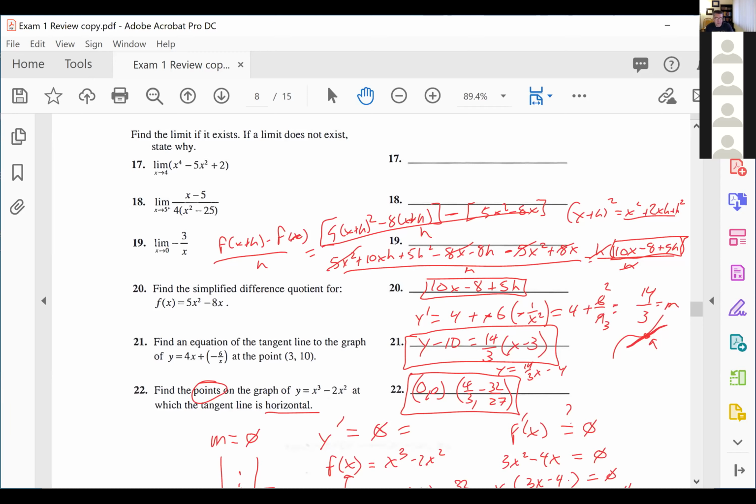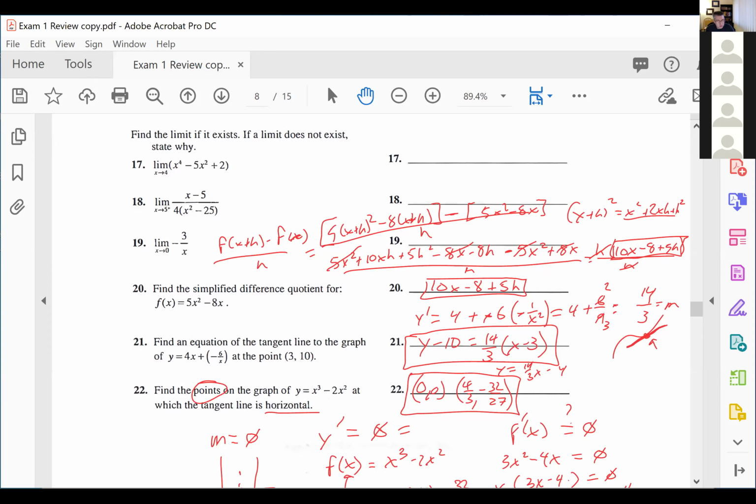Okay, any others? 29. Okay. 39. Okay. 29 is product rule, right?